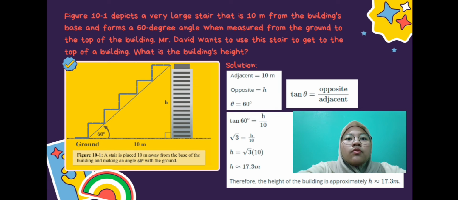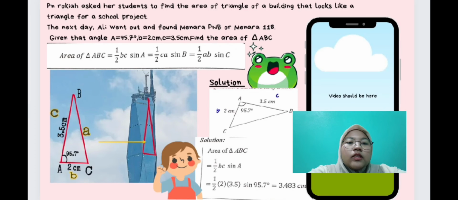So we move the 10 to calculate h. So h is equal to square root 3 multiplied by 10. So the height of the building is approximately h equals 17.3 meters.